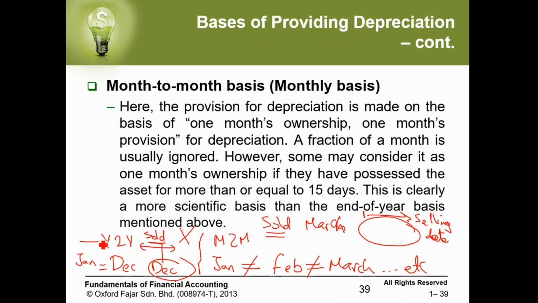So on a year-to-year basis, if we don't have the asset at the end of the financial period, we don't calculate depreciation for it. While in month-to-month, as I mentioned, whenever we sell the asset, we have to calculate the depreciation for the entire usage period. So that's what we have to take into consideration when we are calculating month-to-month or year-to-year basis.